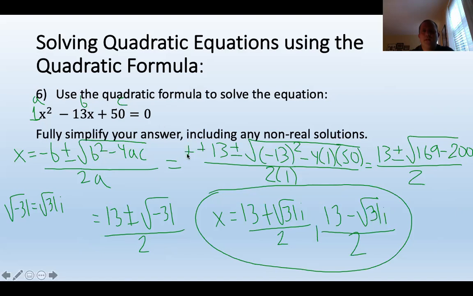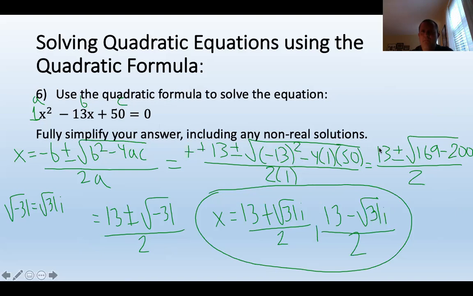The way this was set up is that it's negative 13, which is positive 13, plus or minus the square root of b, which is negative 13 squared, minus 4 times a, which is 1, times c, which is 50, all over 2 times a, which is 1.